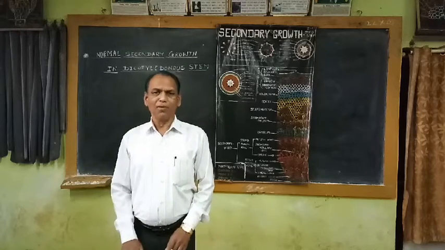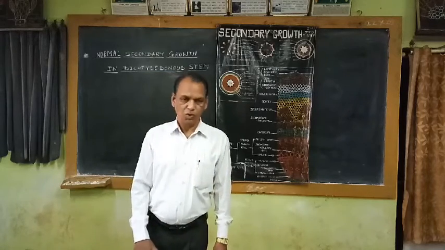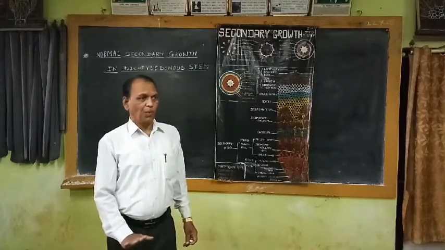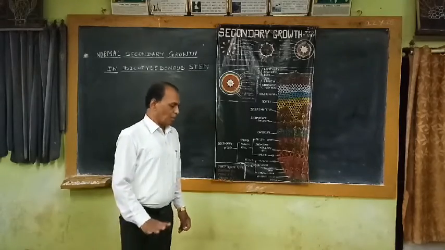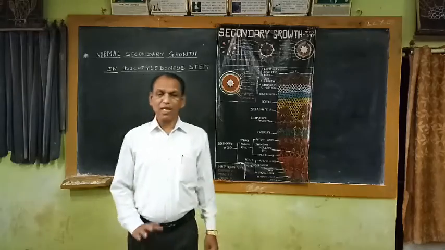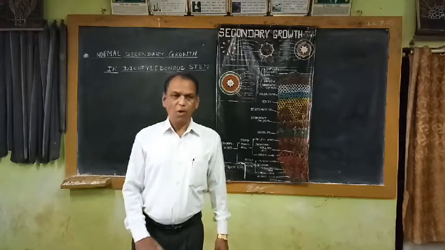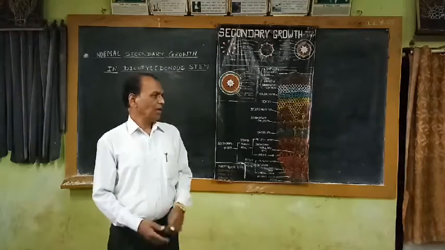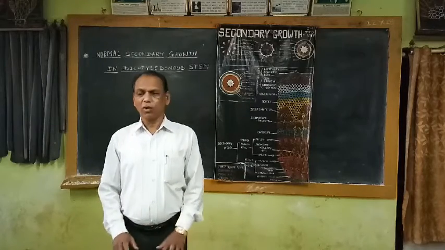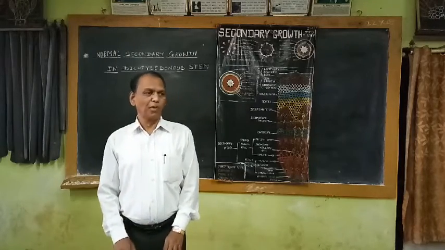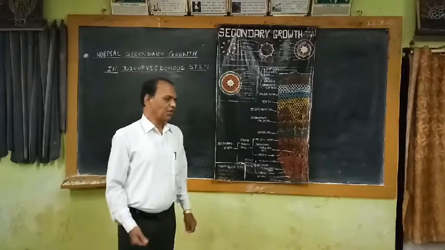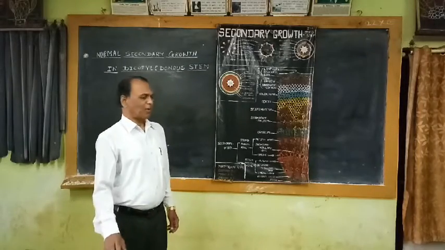That means the plant also requires additional mechanical tissues. That means the plant requires more conducting tissues as well as more mechanical tissues. And for fulfilling this demand, secondary growth begins in all dicotyledonous plants as well as gymnospermic plants. It may be root or stem of dicot as well as gymnospermic plant.